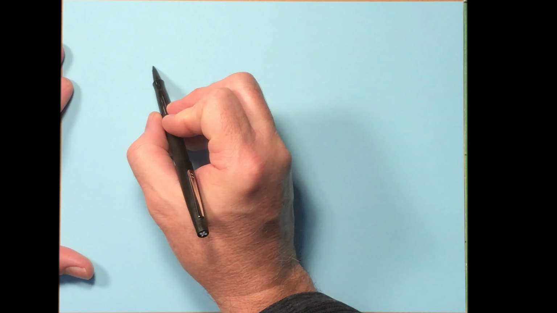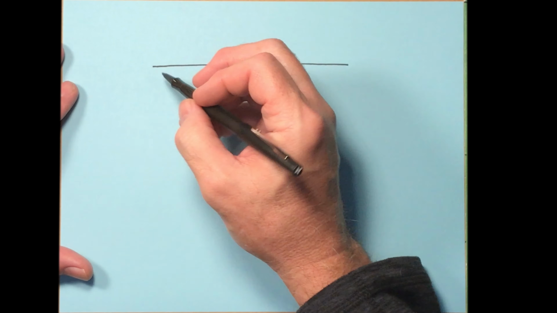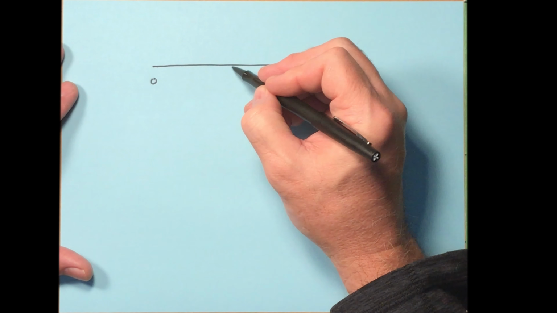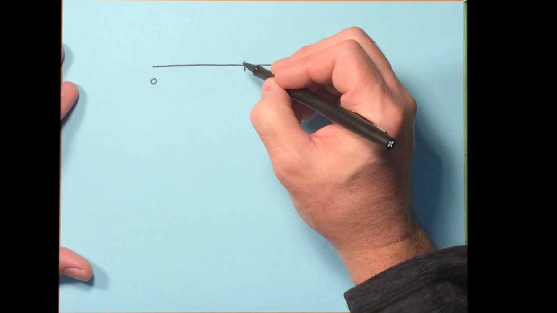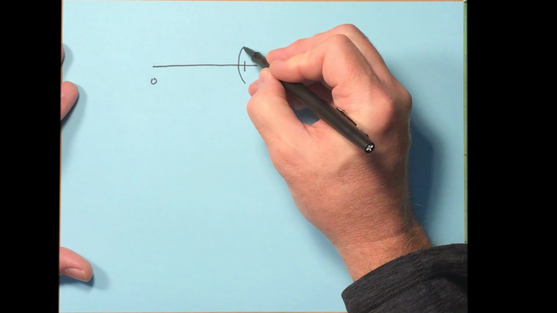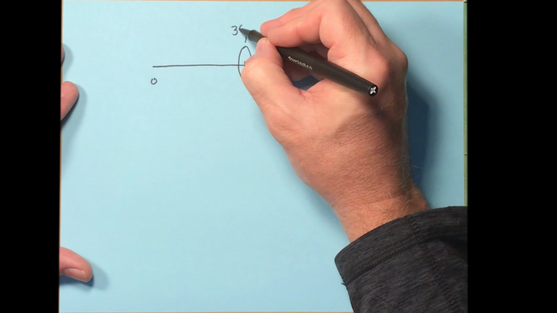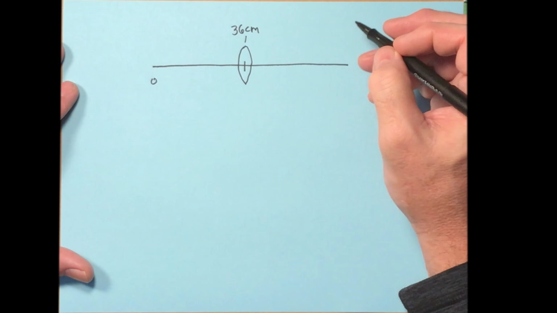So for this problem, let's say that we put things on a number line here. This is 0, and at some distance along this number line right here, we're going to locate a converging lens. This is going to be at the 36 centimeter point along the ruler here.